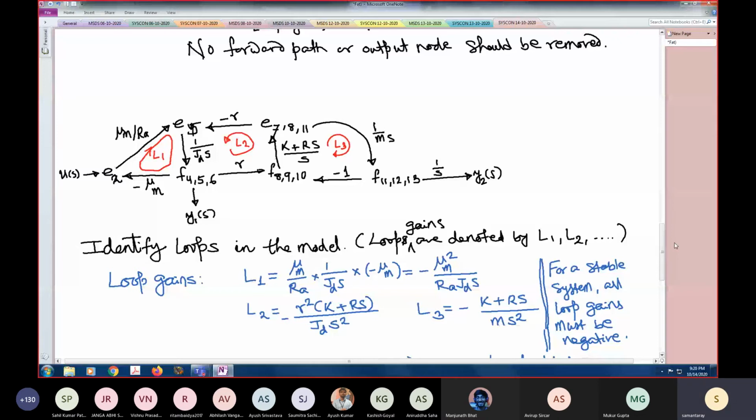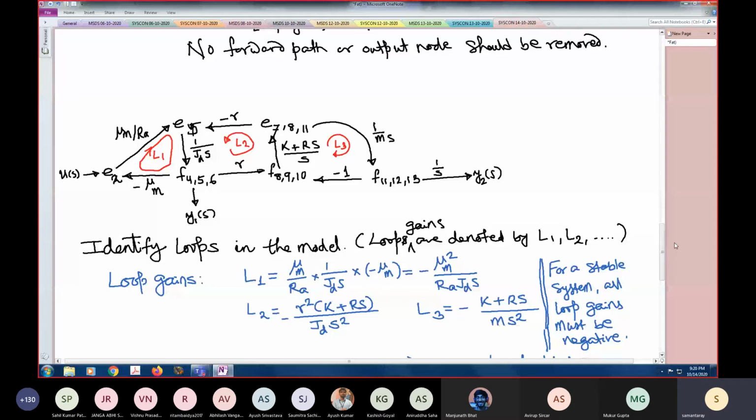If we have to take Li Lj, the product of 2 non-touching loops, then L1 and L3 are not touching. L1 and L3 do not have any common nodes between them. L1, L2 are touching each other. L2, L3 are touching each other. So the only product of 2 non-touching loops is L1 and L3.